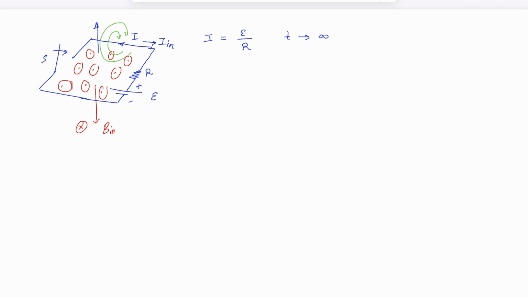Now the reasoning that we give for this induced current is, we say that you can imagine there is a tiny little battery over there whose voltage is some epsilon L, but its polarity will be opposite to the EMF epsilon.